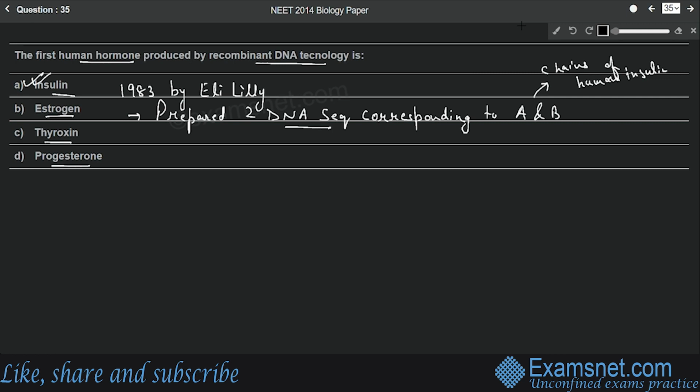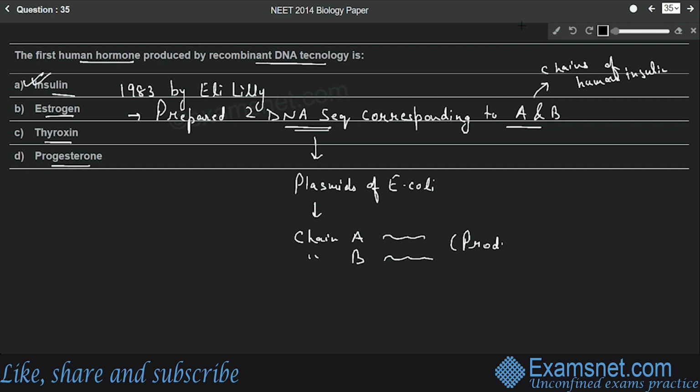First, the DNA sequences are prepared corresponding to these two chains. Okay. Then these DNA sequences were introduced into the plasmids of E. coli to produce the chains. Okay. Then chain A and chain B were produced separately.